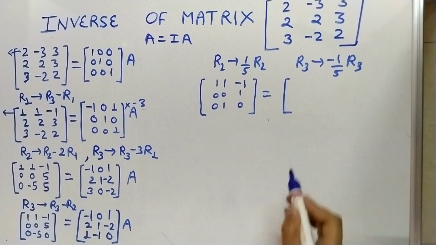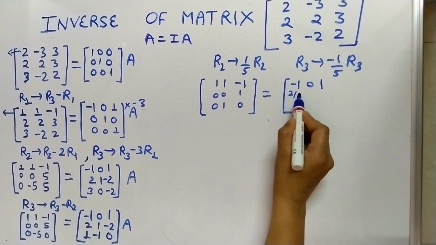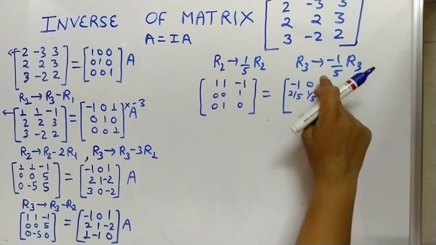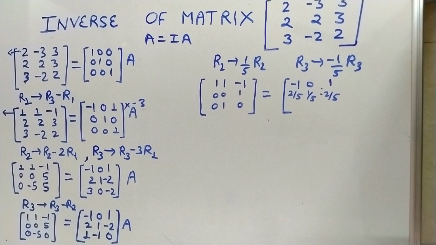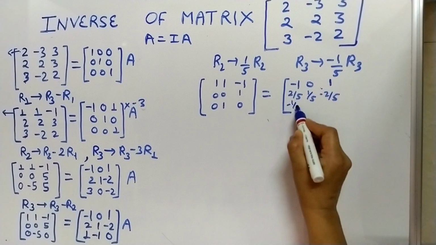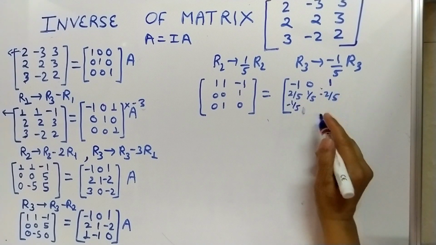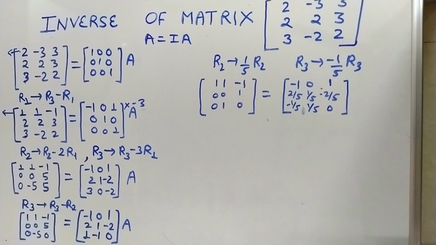Here also first row no change, second row divided by 5, 2 by 5, 1 by 5 and minus 2 by 5. This I will write here. Third row minus 1 by 5 divided by minus 1 by 5. So it will be minus 1 by 5, minus minus 1 by 5, 1 by 5 and 0 by 5. So 0 will be 0 only.